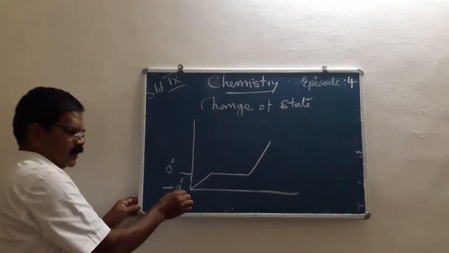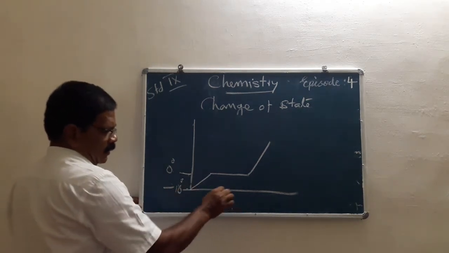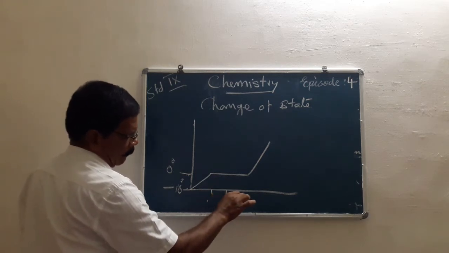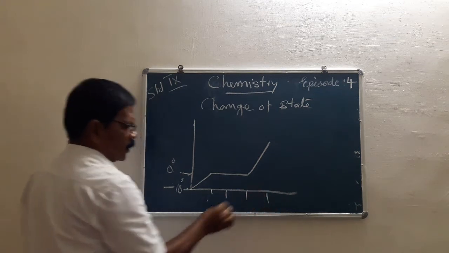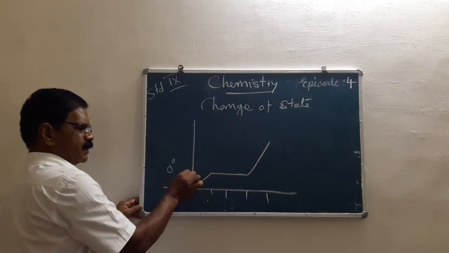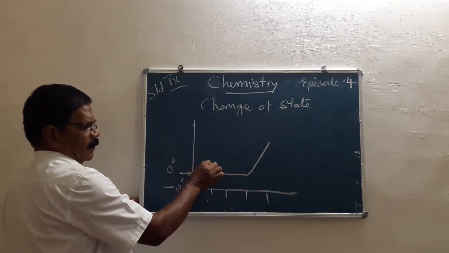The temperature of the ice is minus 10 degrees Celsius. We are heating. On heating, the temperature rises, and at 0 degrees Celsius it begins to melt.